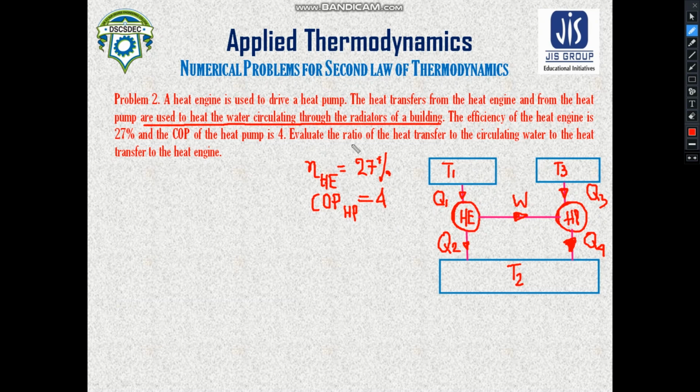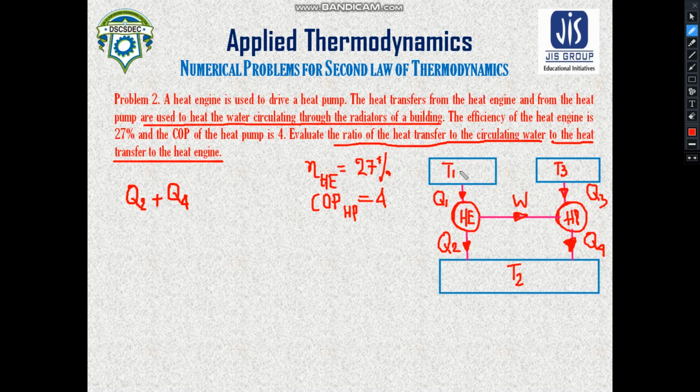Now the question is, evaluate the ratio of the heat transfer to the circulating water. So this is the circulating water. Now what is the heat transfer here? Q2 plus Q4. So you need to calculate Q2 plus Q4. Okay, ratio of the heat transfer to the circulating water to the heat transfer to the heat engine. Now what is the heat transfer to the heat engine?